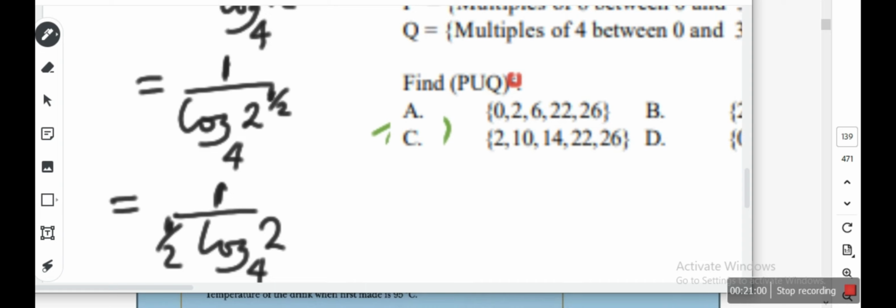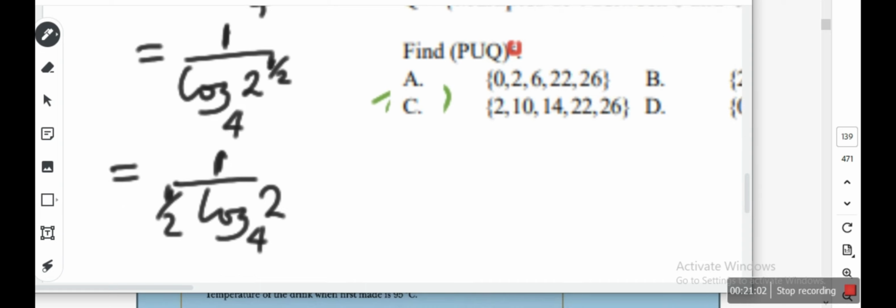You know that the half will come before the log. So you have half log 2 in base 4. Beautiful.